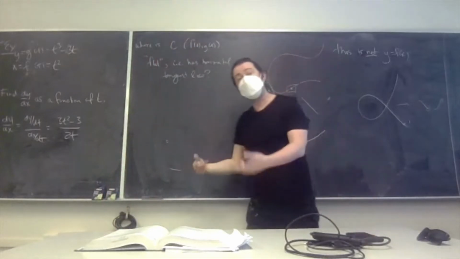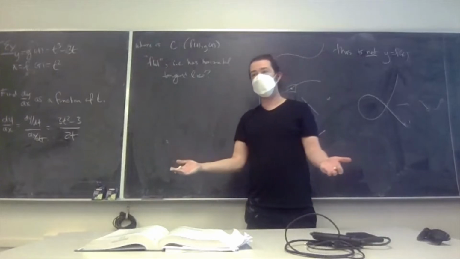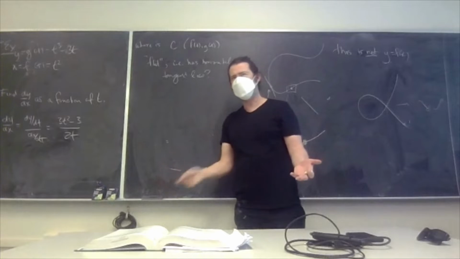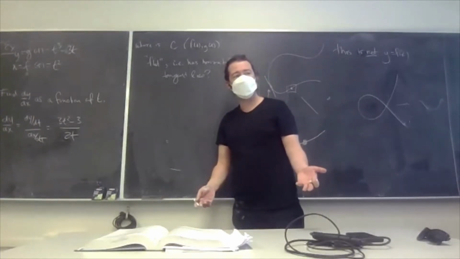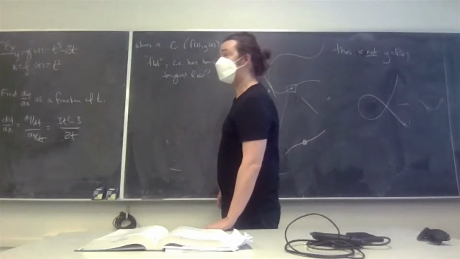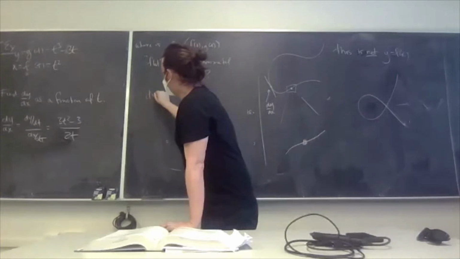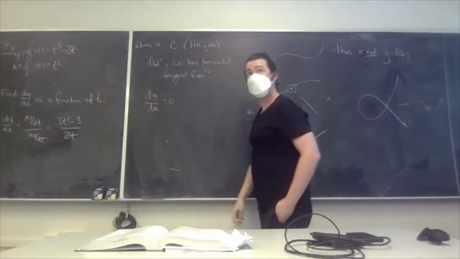Well, if this was a regular old equation and I said, where is the tangent line horizontal, what equation would you solve? Way back to calculus 1 here. Derivative is 0, right? Derivative is 0 corresponds to horizontal tangent lines. So we solve dy/dx is equal to 0.